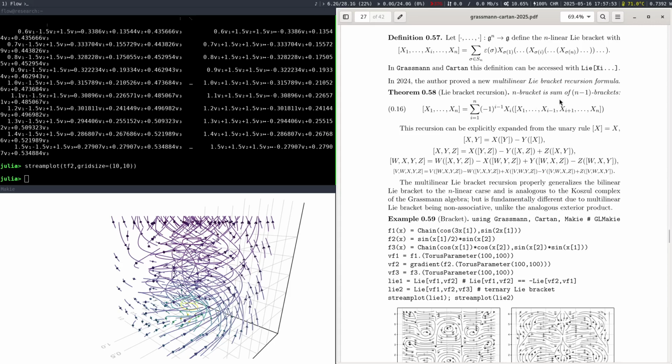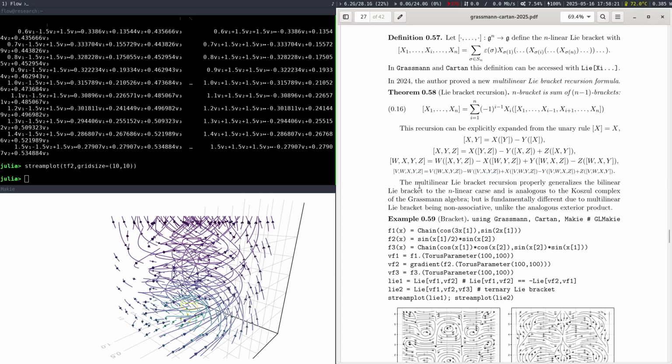So the Lie bracket recursion is: an n bracket is a sum of n minus 1 brackets, okay? This recursion can be explicitly explained from the unary rule like that, and then this is the typical Lie bracket, and this is the ternary Lie bracket, and this is the one with 4 arguments and 5 arguments, and it can keep going.